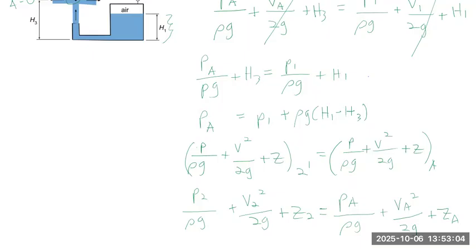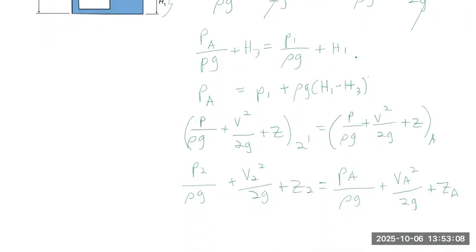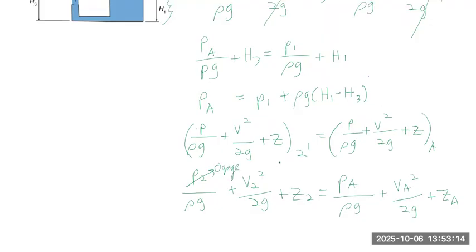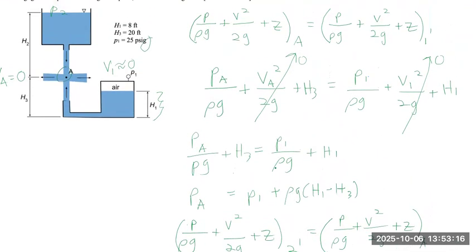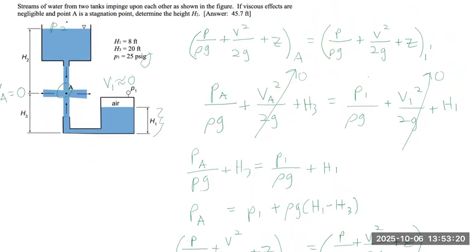So the pressure at 2 is going to be zero gauge. So let's just write zero gauge. The velocity at 2: there's going to be no velocity there as well because it's a water-air interface.